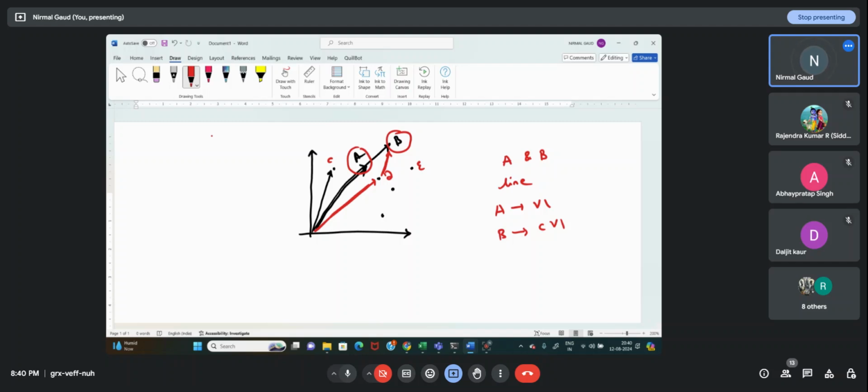This is also possible. If I mark it here, this is 1, this is 2, and the complete thing is 3. So I can write 1 plus 2 equal to 3, according to the property of vector addition.